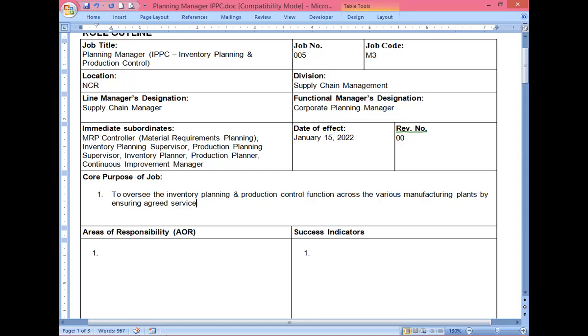Or if you are talking about a dairy manufacturing business, it comes from the farm, the raw milk. You have milking cows in the farm. You collect the milk by having trucks, tankers, trailers.